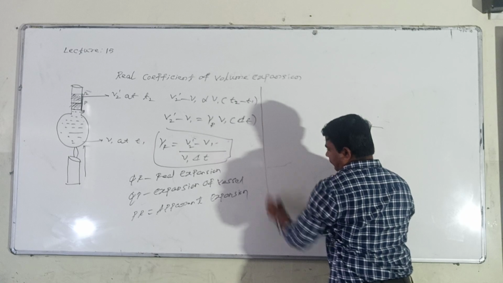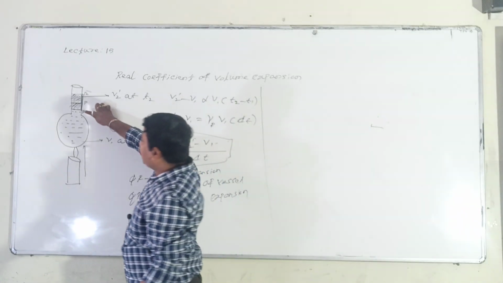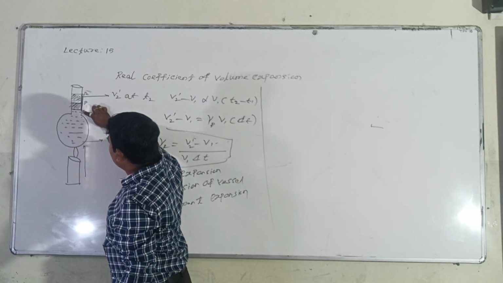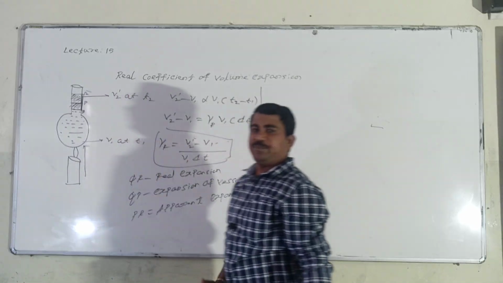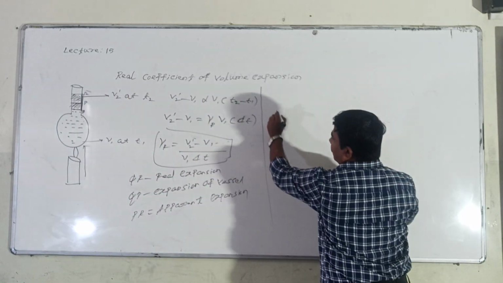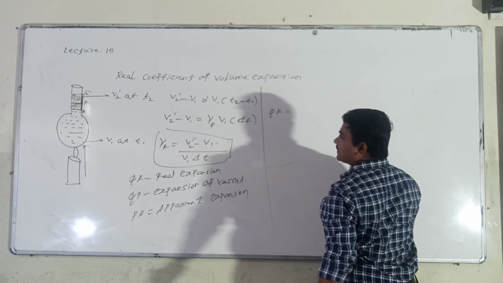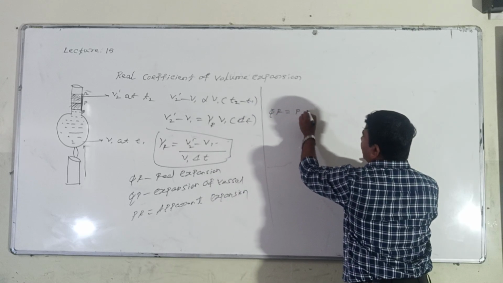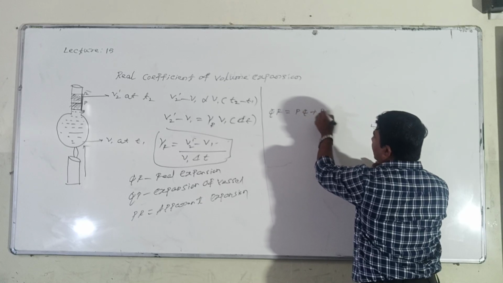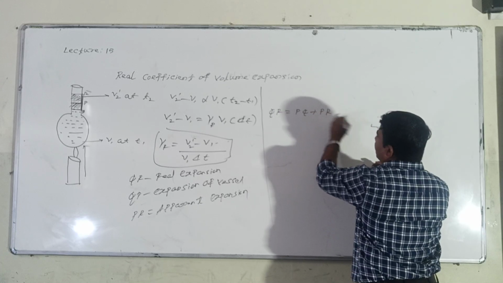See here, how to write real? This real QR is equal to QP plus PR. QR is nothing but the real expansion. Real expansion is equal to PQ plus PR.